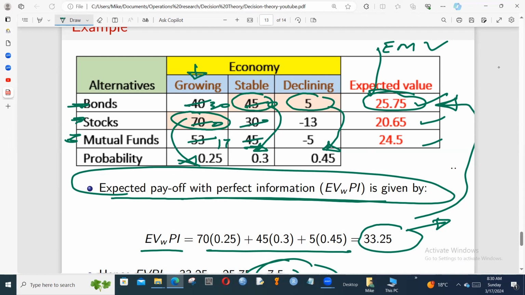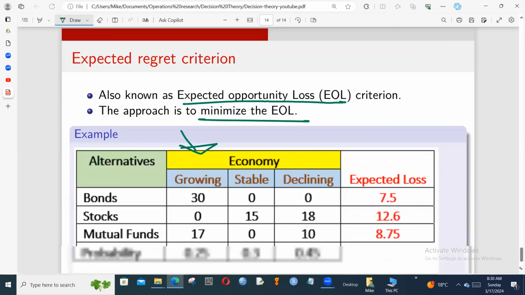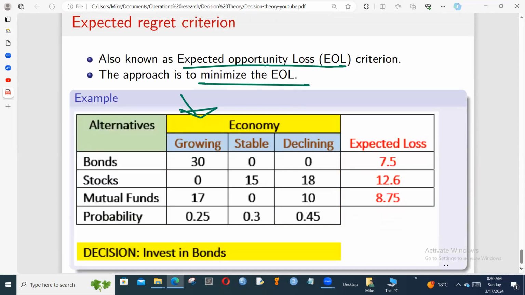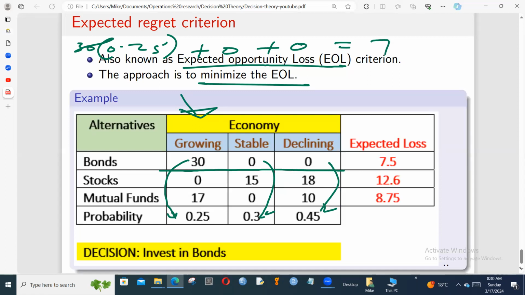With the same regret table, we can calculate the expected loss for bonds: 30 times 0.25, plus 0 times 0.3, plus 0 times 0.45. This gives us 7.5.